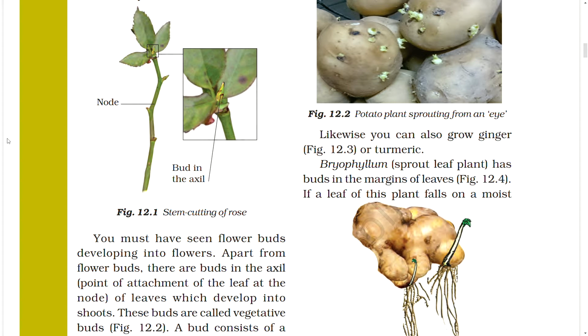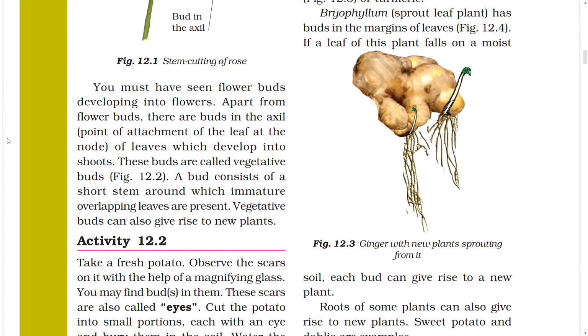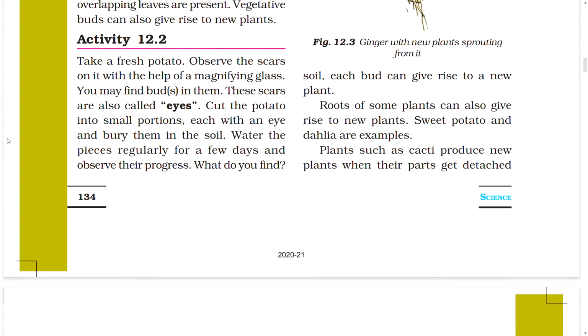Bryophyllum, the sprout leaf plant, has buds in the margins of leaves. Figure. If a leaf of this plant falls on moist soil, each bud can give rise to a new plant. Roots of some plants can also give rise to new plants.